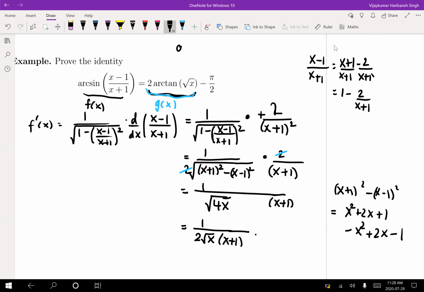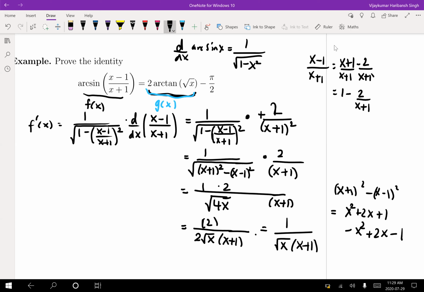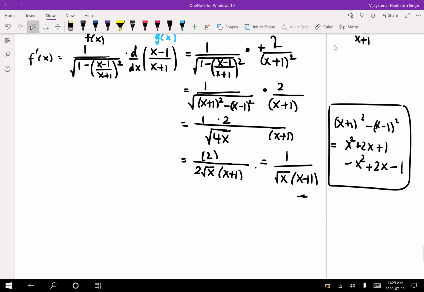The derivative of arc sine of x is 1 upon square root of 1 minus x squared, so this 2 is not there and will not get cancelled. You will have this 2, and then this 2 and this 2 will cancel, and you'll get 1 upon 2, 1 upon root x times x plus 1. Okay, so this is the simplification on this side.